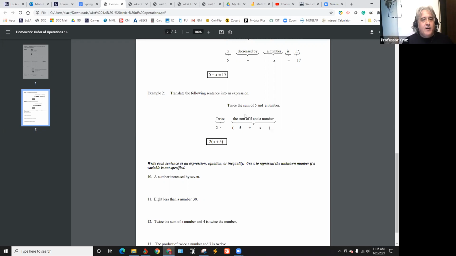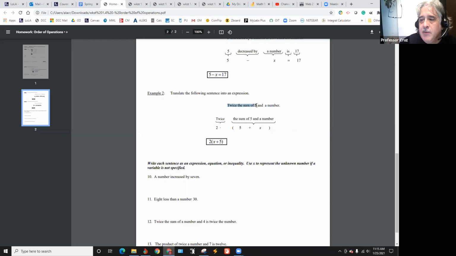But after that, there aren't really many other words. You're just going to have 4 times or 5 times. When you see that, that just means times. Twice, 3 times, thrice, that's all multiplication. If I were to say, I wish I had 3 times as much money as I have now, well, you multiply however much you have now by 3.